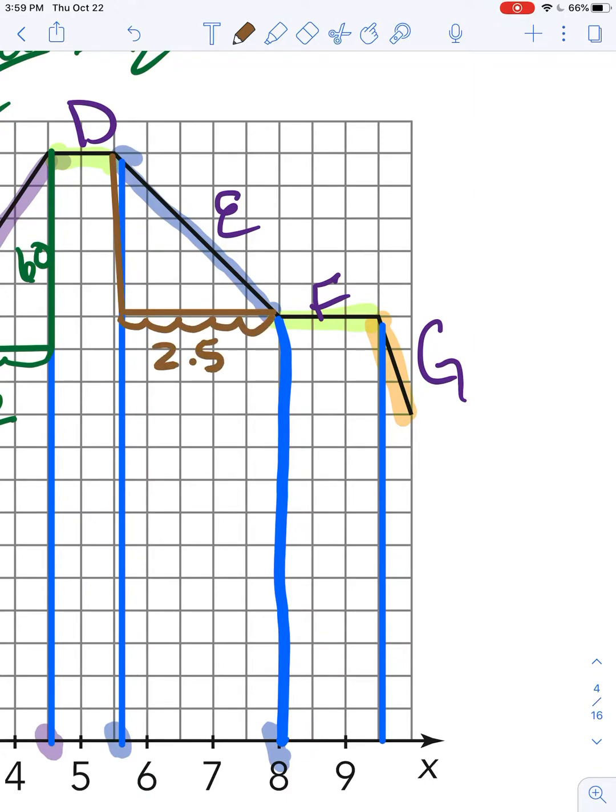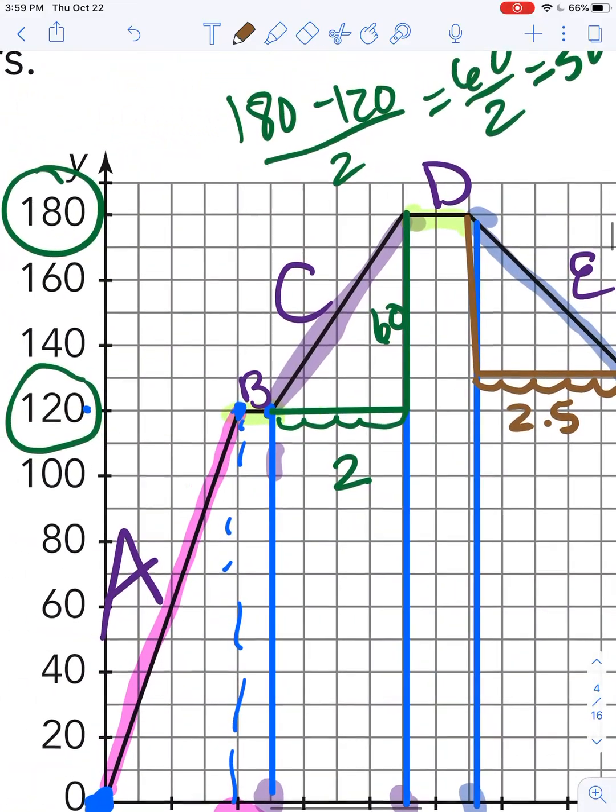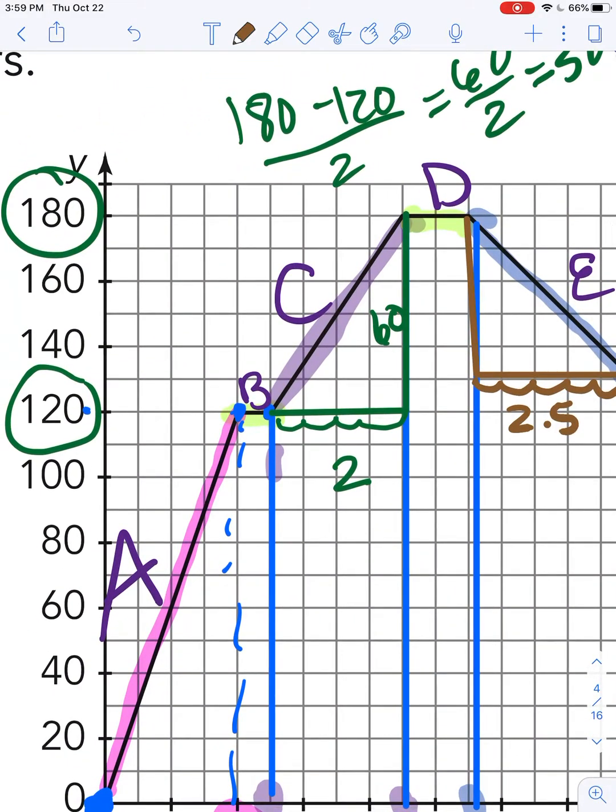So 2.5 hours. We're going from 180 to 130. So that would be 50 tall.